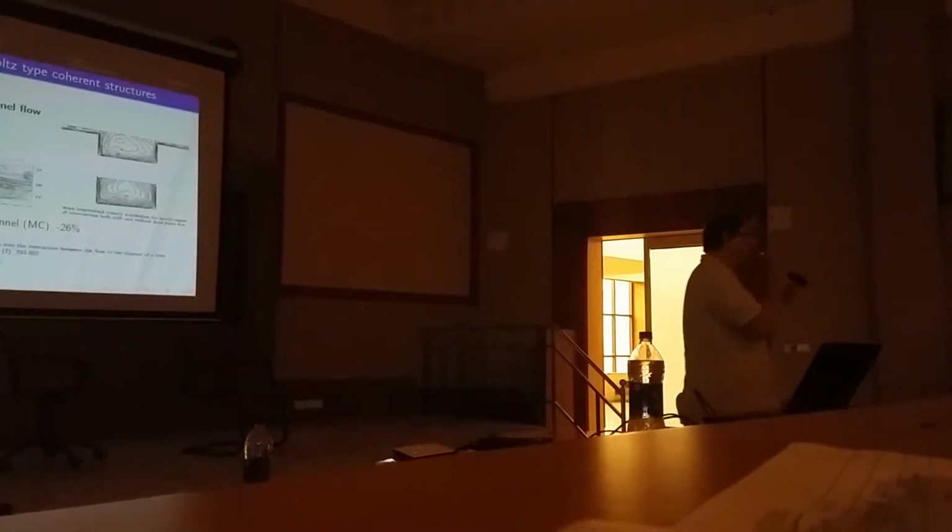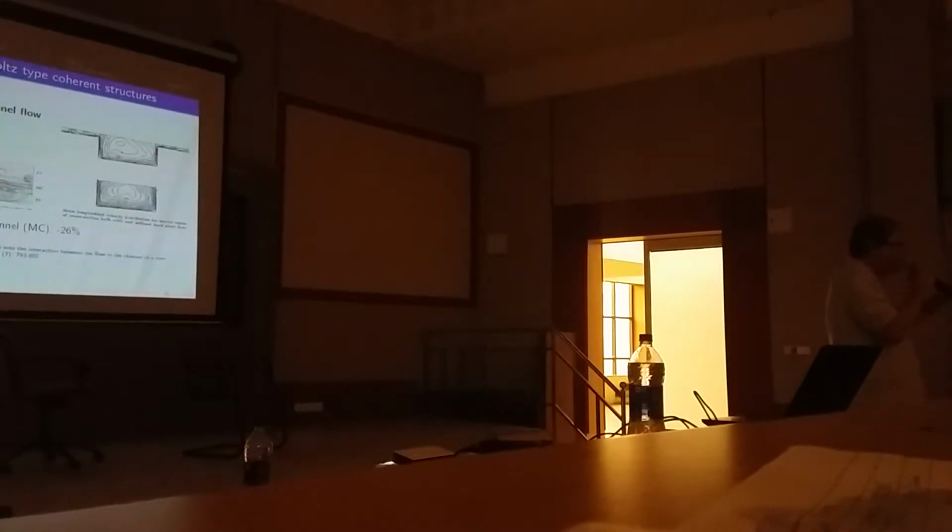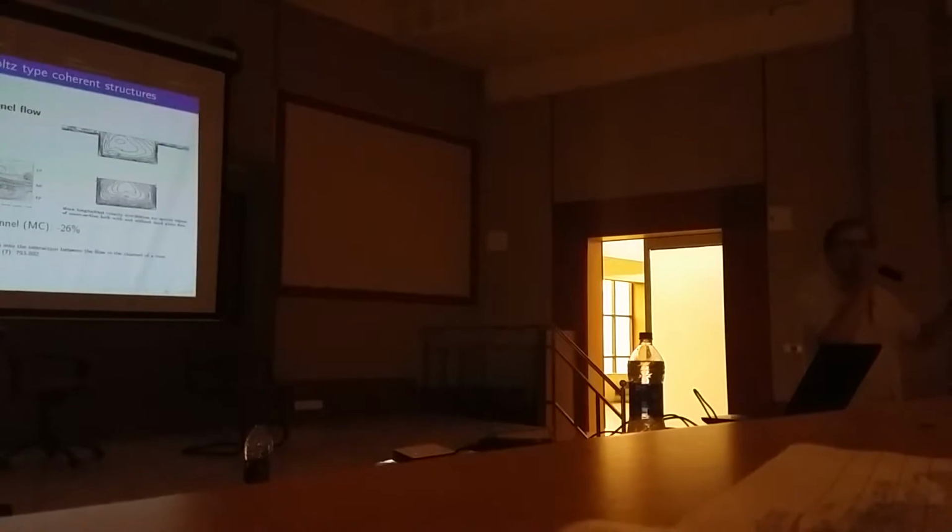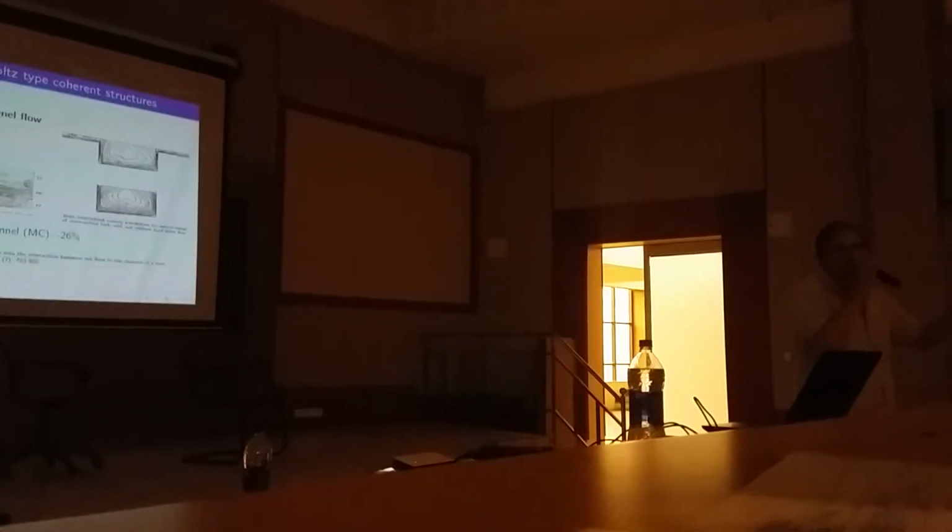So compared to a plane mixing layer, you have an influence of the bottom, and it's not completely 2D. 2D would mean that the structure has the same shape in the vertical direction.